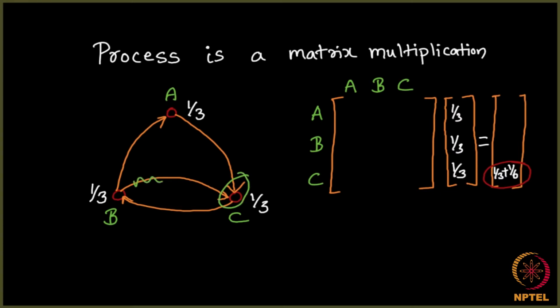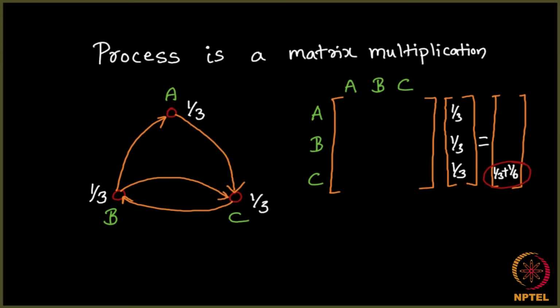C has 2 incoming edges, and from B, C gets half, as B gives half to A and half to C, and it gets 1 by 6 from B, and it gets 1 by 3 from A. Correct? Okay.